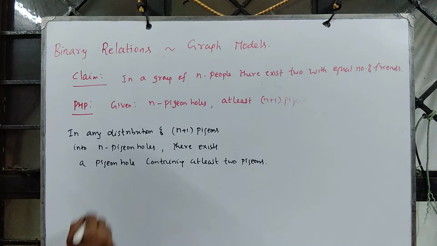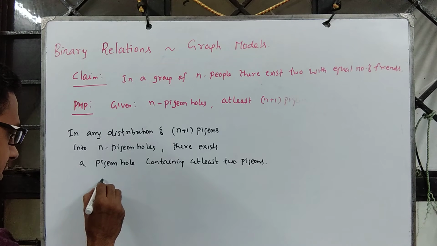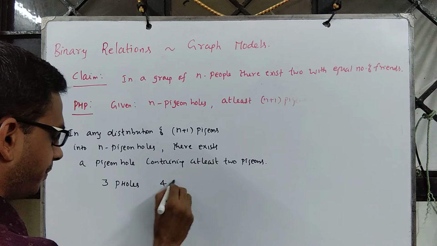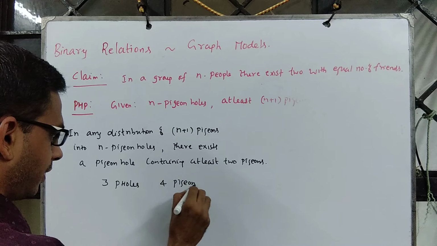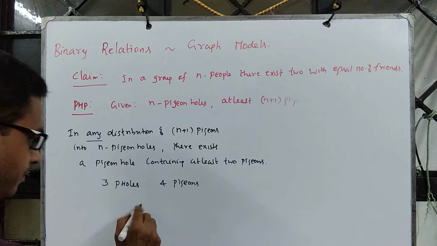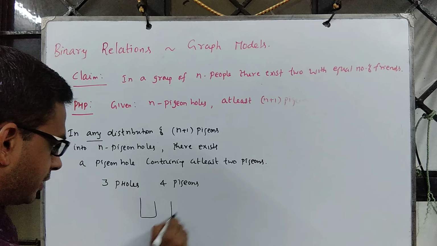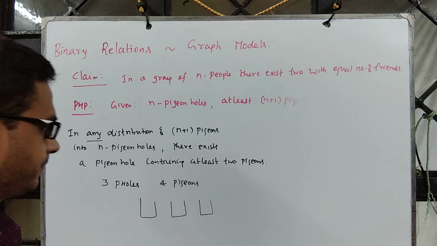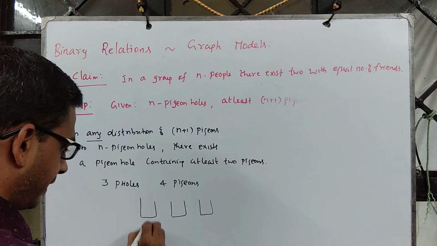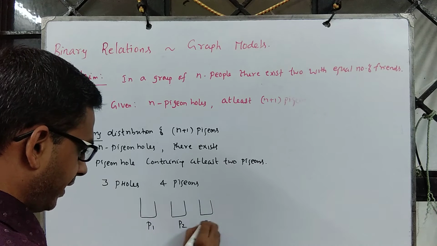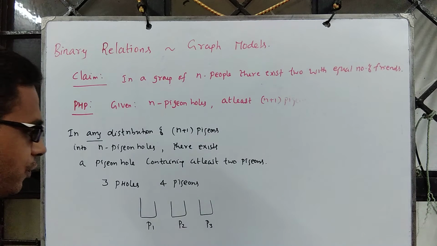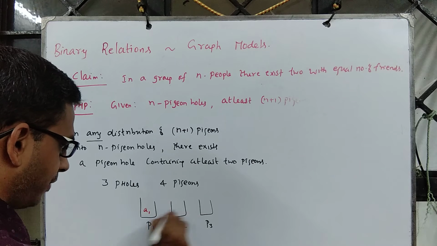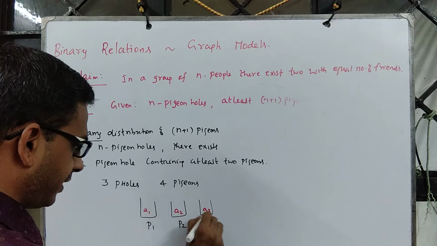For example, let's assume you are given say 3 pigeonholes and say 4 pigeons. It says in any distribution, you can come up with any distribution of 4 pigeons into 3 pigeonholes. Let me assume this is 1, 2, 3. You are trying to distribute 4 pigeons. Let me place pigeon 1, A1, A2, A3.